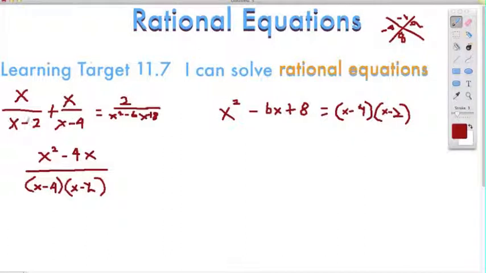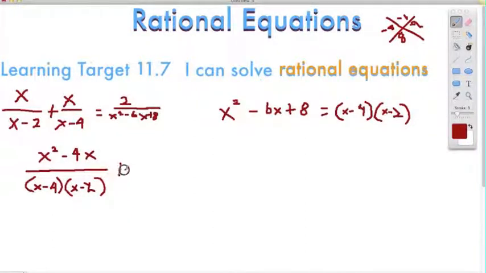What a coincidence, because if we multiply this by x minus 4, it would give us a denominator such as that. So let's try that. For this one, we're going to multiply it by x minus 4, which is going to give us x squared minus 4x over x minus 4 times x minus 2.